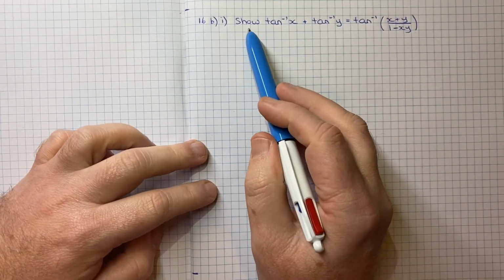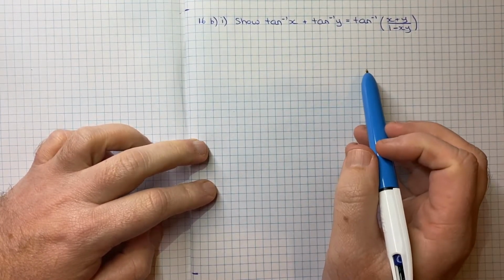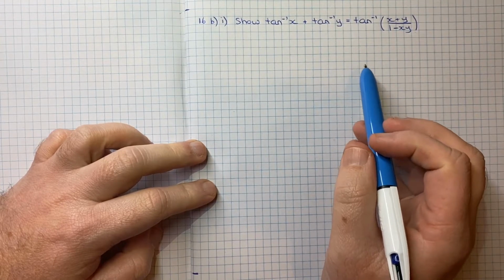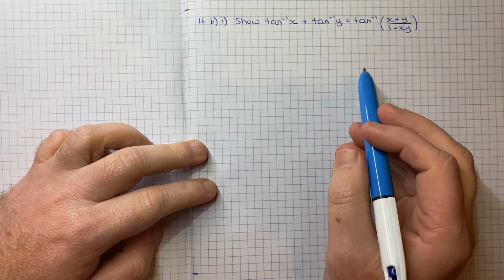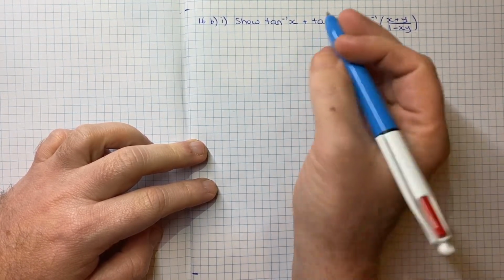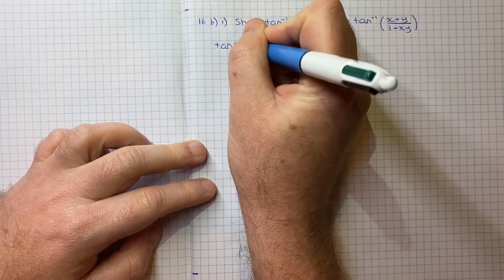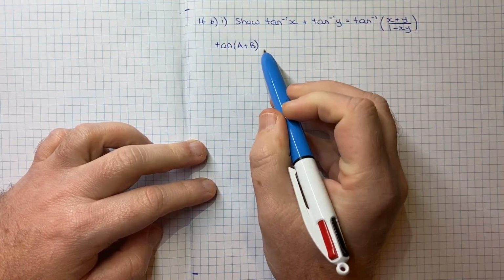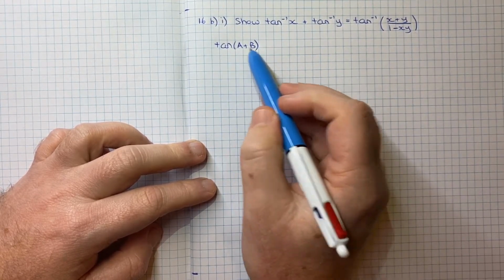So in trying to answer this question, I've written out what we're being asked to show, and I think the key, or what the question writers want us to make use of, is the tan A plus B formula. I think it's actually in Extension 1, so 3 unit, where you learn all the A plus B expansions.